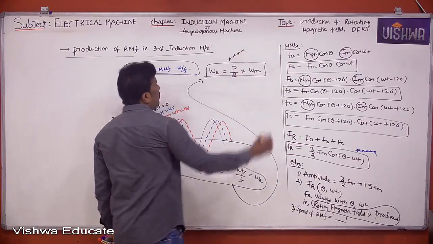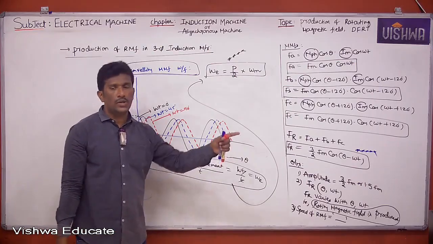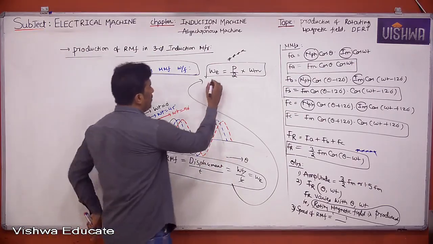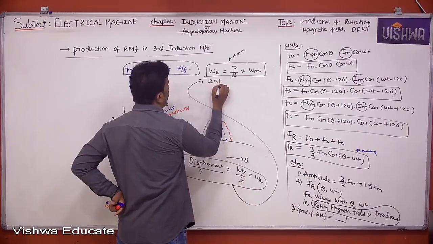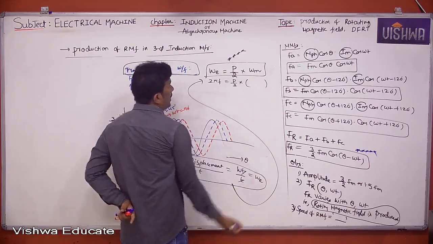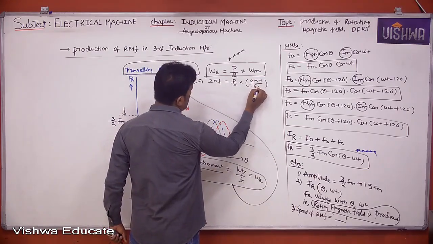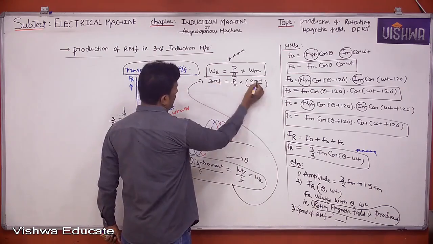Omega E equals P by 2 into omega M. Angular frequency equals P by 2 into angular velocity. What is the formula for angular frequency? 2 pi f equals P by 2 into, what is the formula for angular velocity? 2 pi N by 60. Let me cancel 2 pi.